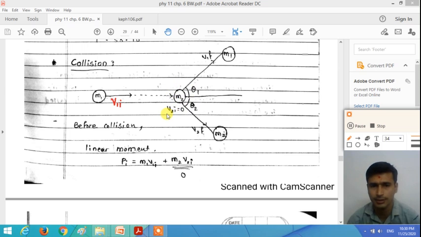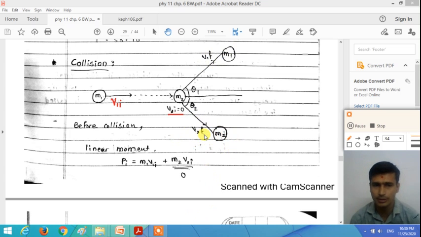So the initial velocity of the second object v2I is 0. After collision, the colliding objects are moving with different velocities. The object m1 is moving with velocity v1f and object m2 is moving with velocity v2f.